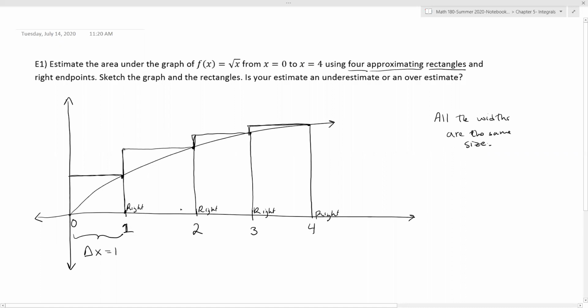Now we need to find their heights. To find their heights, we use f of x. This will be f of 1, this one here is going to be f of 2, this will be f of 3, and this will now be f of 4.